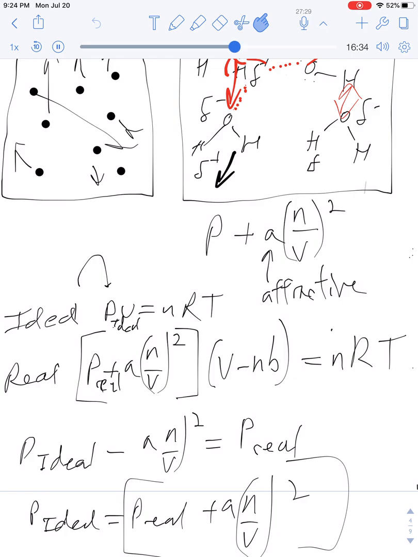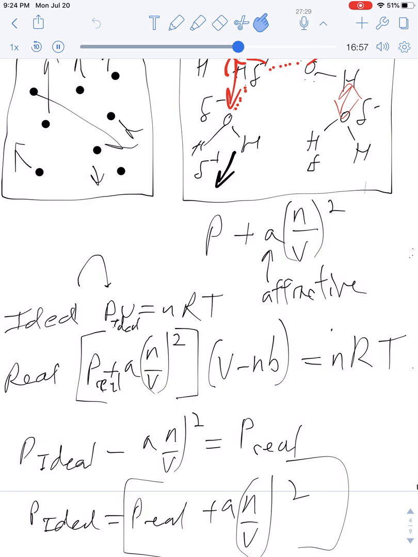Okay, so I'm just going to rewrite the equations. So here's the ideal gas equation, PV equals nRT. This is the real gas equation, P plus A n over V squared.